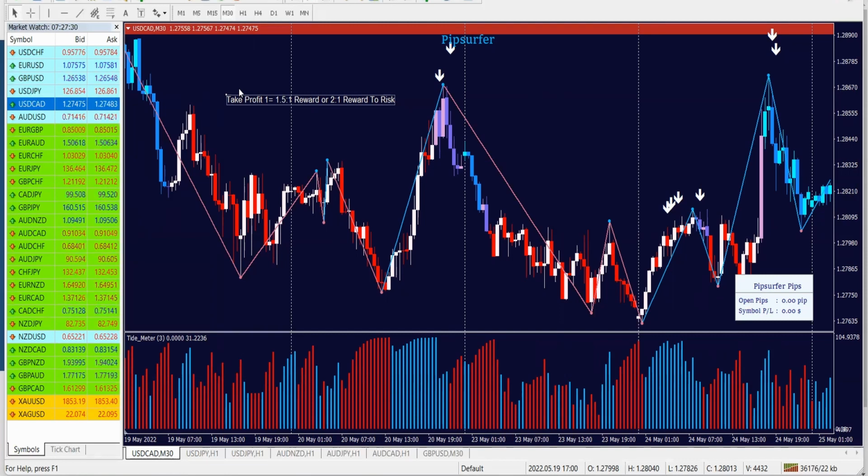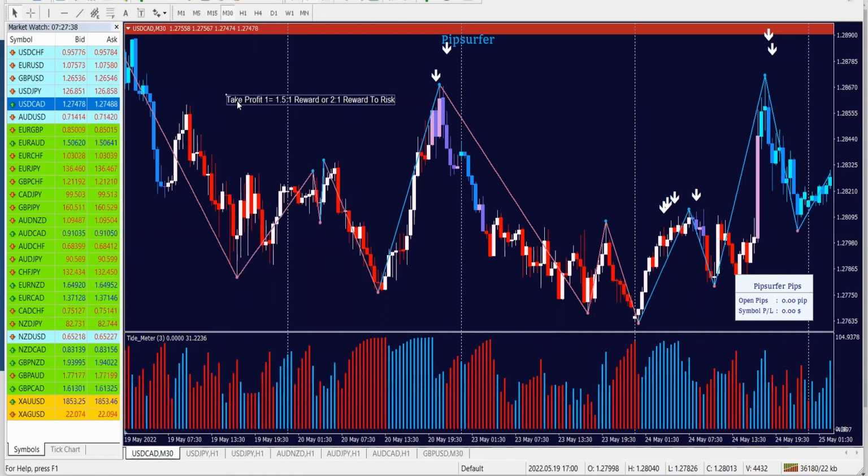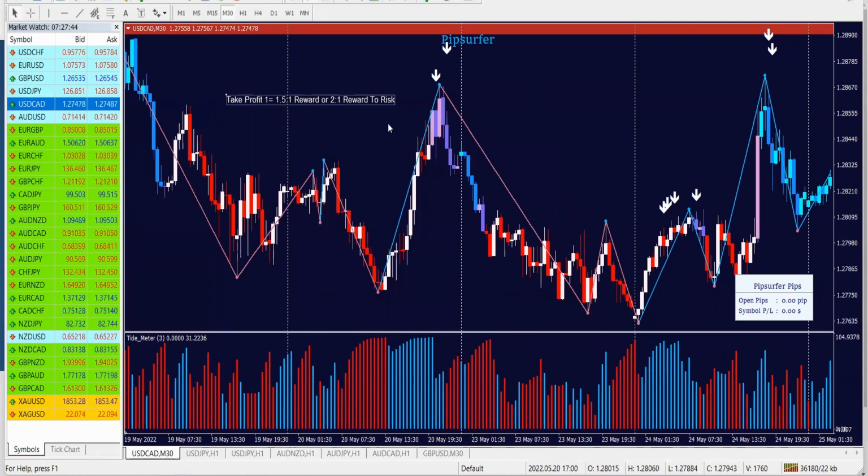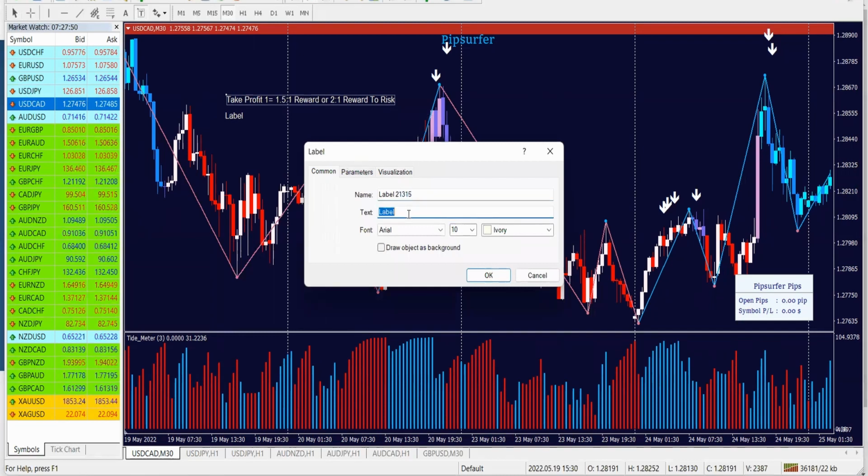Take profit 2, you want to at least be 2.5 to 3. I'm going to put that right in here. So take profit 2, this is what you're doing manually. Take profit 2 would be at least 2.5 to 1 reward to risk.